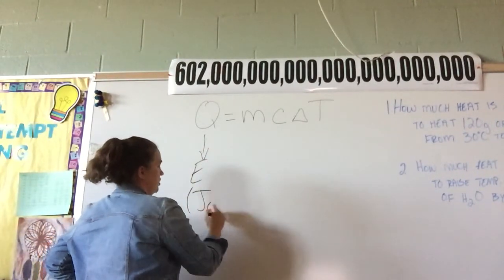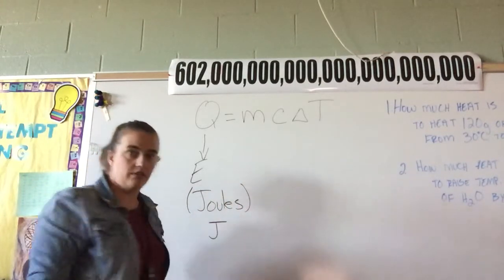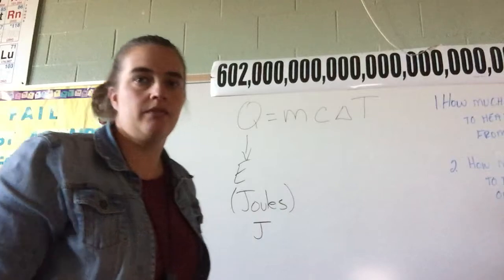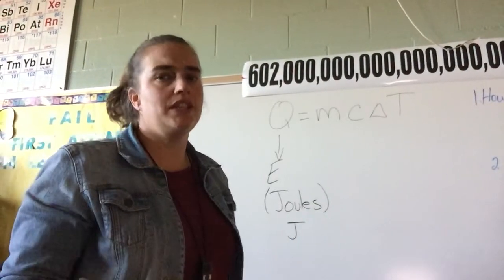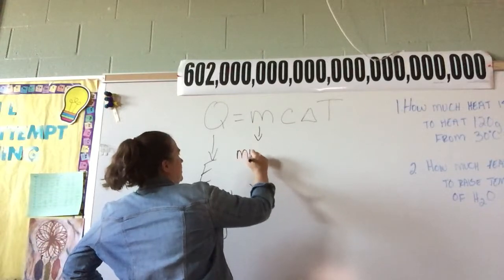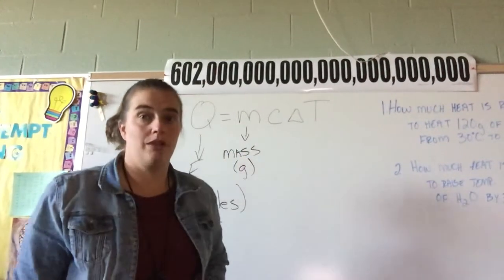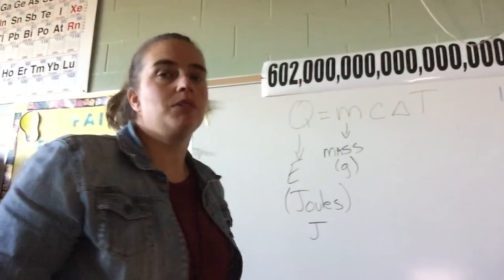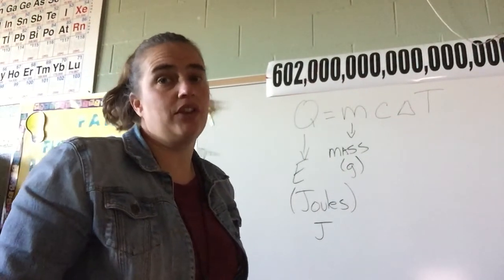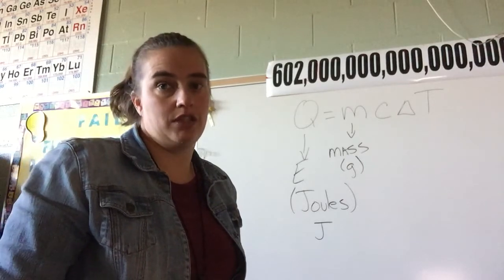Units for energy are joules, or just capital J. M is an easy one. It's mass. Units for mass here are always grams. And the reason I'm pointing this out is that if I give you something in kilograms, you need to convert it to grams.